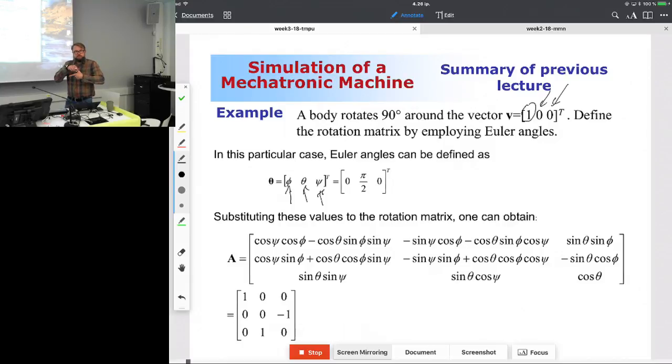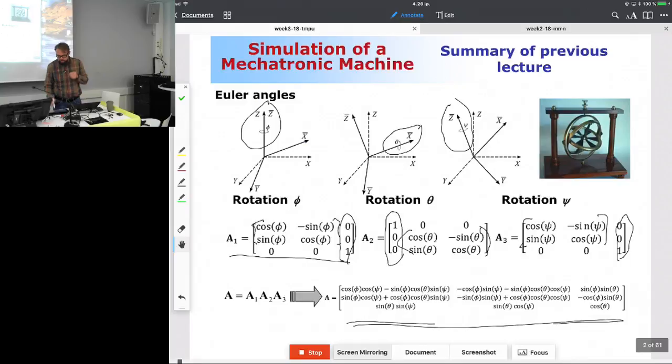What's going to be the first angle, which tells how much the system is rotated around the z-axis? 0, because the system is not rotating around that axis. That has to be 0. Makes sense? Second rotation, referring back to this slide, takes place around the x-axis. How much is the second rotation?